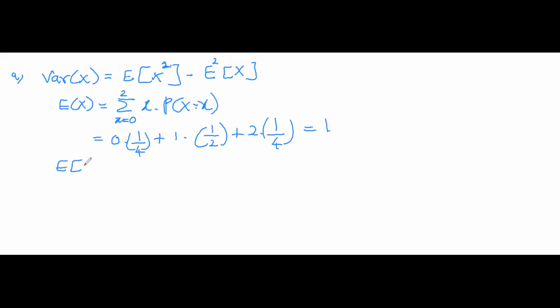Next we can find E of X squared. It is the summation from 0 to 2 of x squared times P(X equals x).